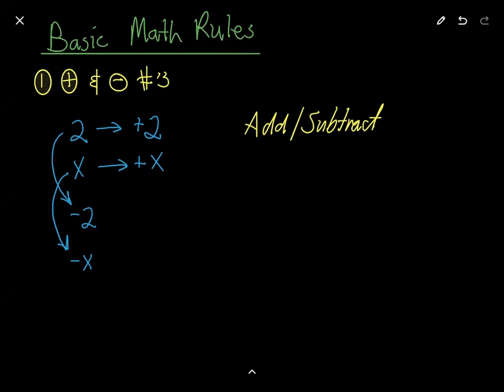For adding and subtracting, it's pretty basic. If you're adding positive numbers, say 3 plus 4, those are both positive numbers. A 3 by itself is a positive 3, and a 4 by itself is a positive 4. So 3 plus 4 equals 7, technically a positive 7.